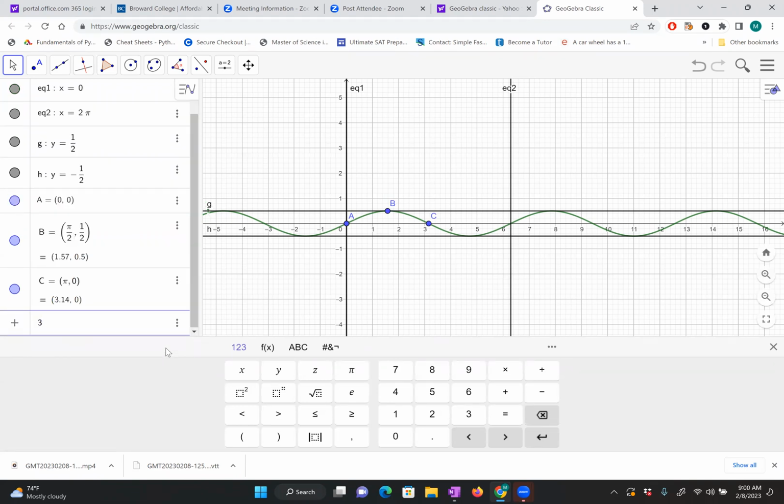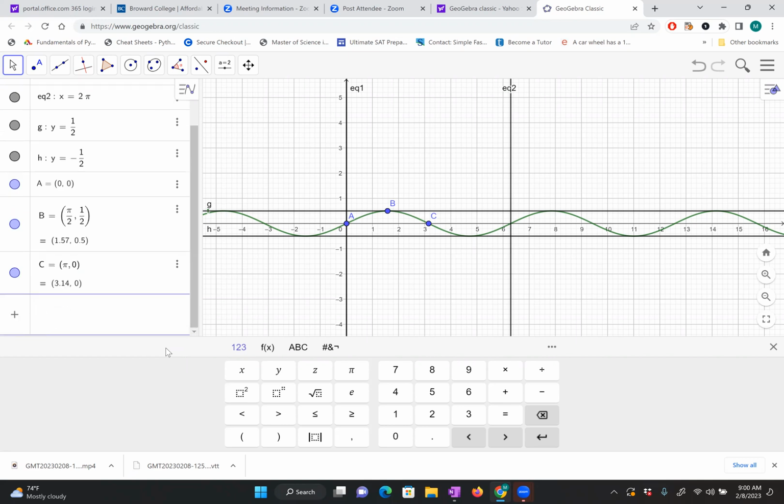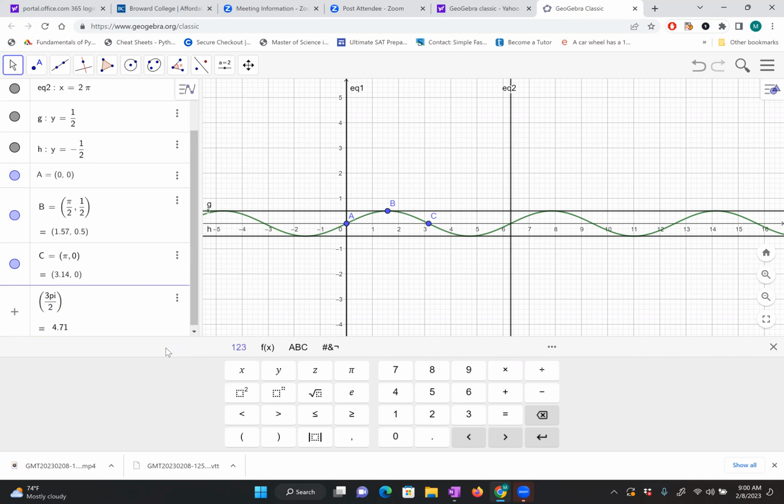So then this would be 3 pi divided by 2, scooch, comma, and then we want negative 1/2 in this case. Again, do you see a point? No, because if you don't have parentheses, it doesn't recognize it as a point. It recognizes it as jargon. So 3 pi divided by 2, scooch over, comma, -1/2.